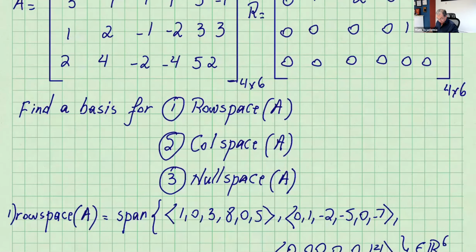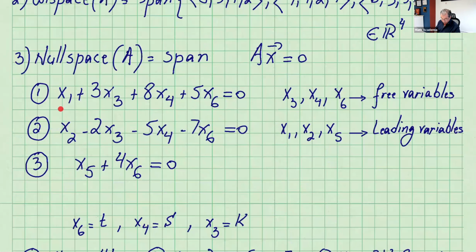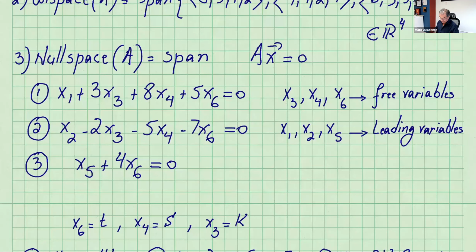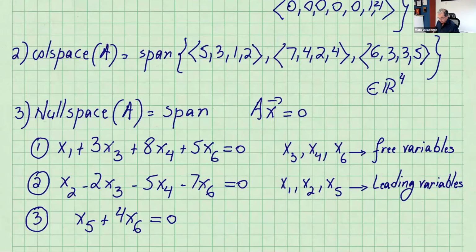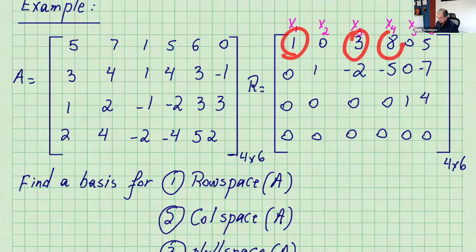So you can just rewrite the system. From the first line, we have x1 plus 3x3 plus 8x4 plus 5x6 equals 0.